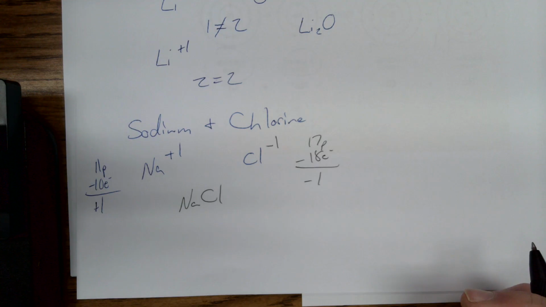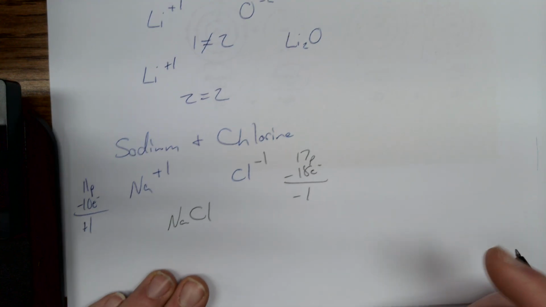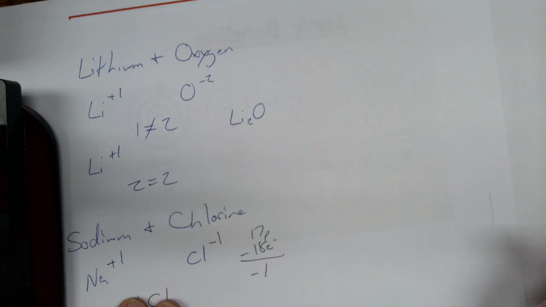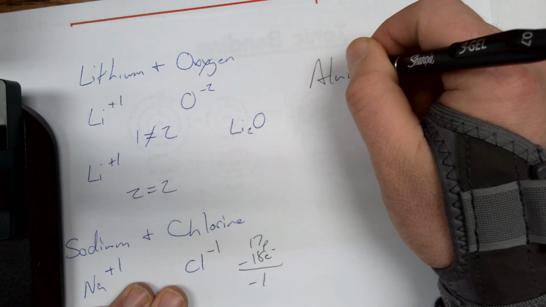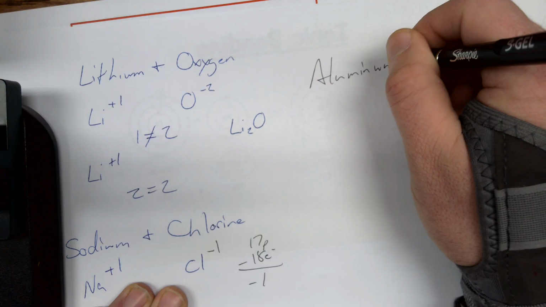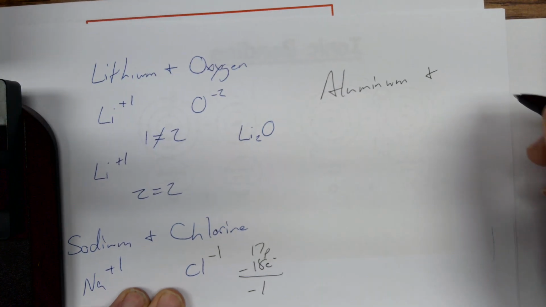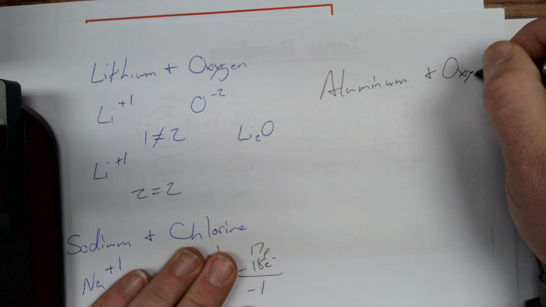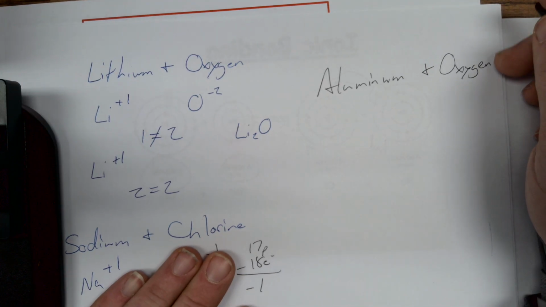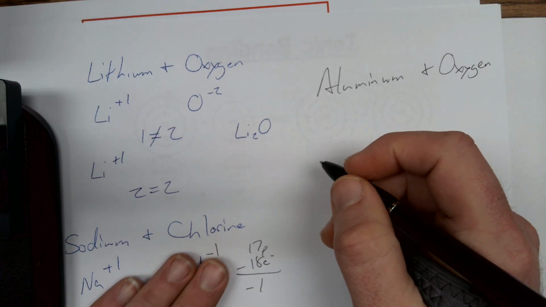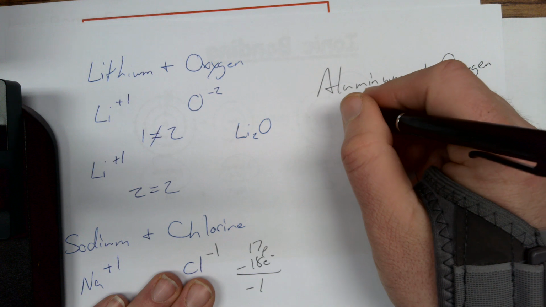Let's do one more. Let's do aluminum and oxygen. Let's walk through this one together, okay? Aluminum, I know is Al on the periodic table.